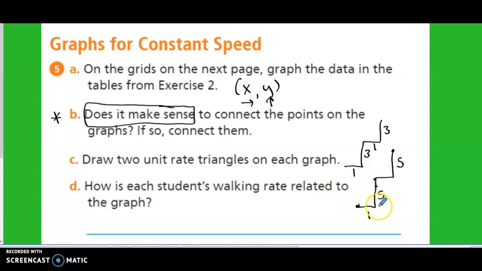If student 2 is walking farther in the same amount of time, their points are going to be higher up on the graph than student 1, and that's how they are related. Their rates are how far up they go on the steps, and that shows up in a coefficient in our equations.